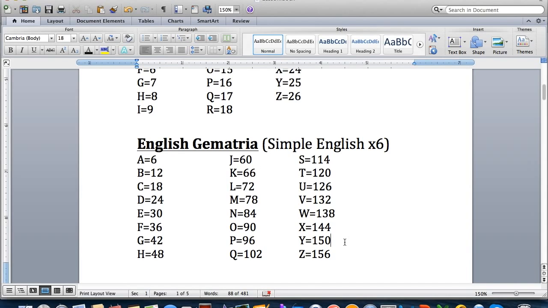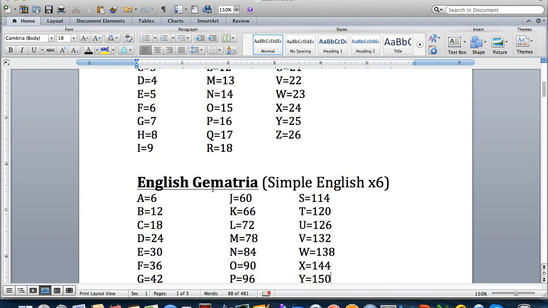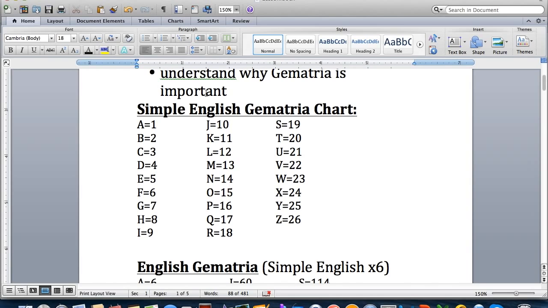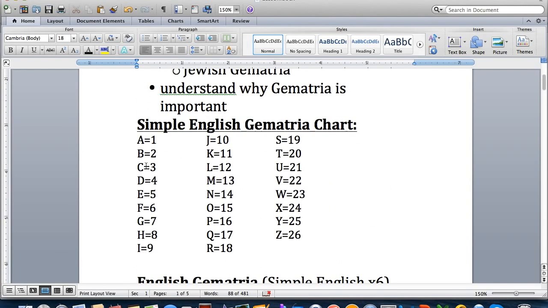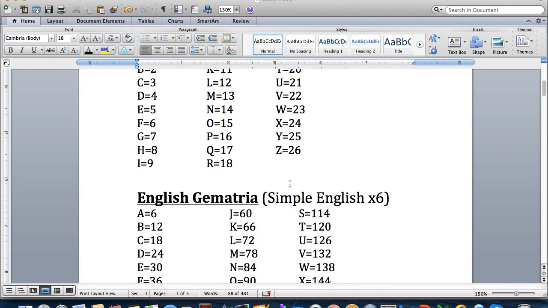In this way, you get word, name, phrase, and sentence values that are 6 times bigger. So the easiest way to do English gematria is to first add up with simple English gematria, then just multiply times 6. You will get the same outcome as if you added each word up letter by letter with these bigger values. So for English gematria, it's always easier to do simple English gematria and then multiply by 6.